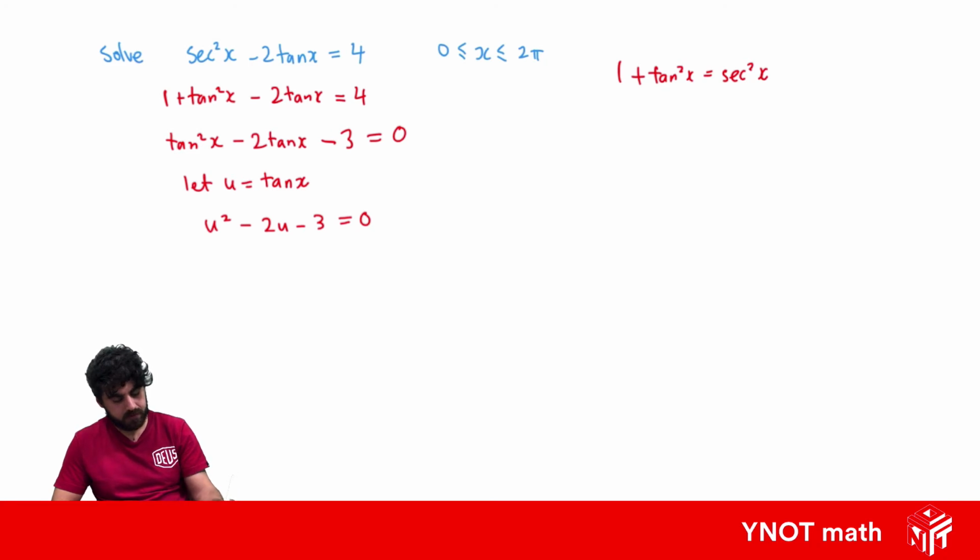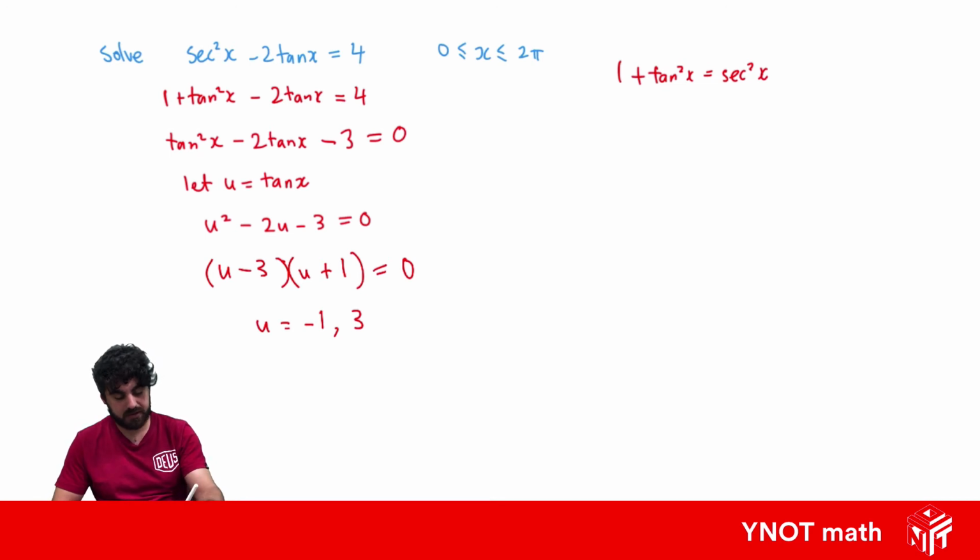We're looking for two numbers that multiply to -3 and add up to -2. And that's going to be -3 and 1, which means u has to be equal to -1 or 3. But we let u equal tan x. So that means tan x must equal -1 or tan x equals 3.